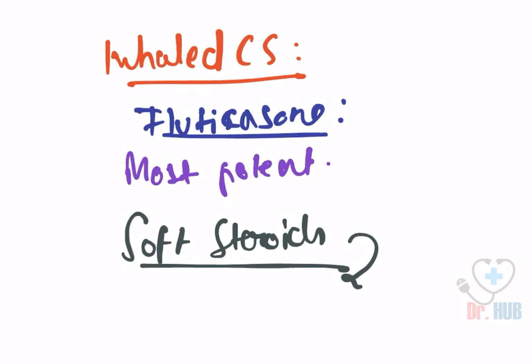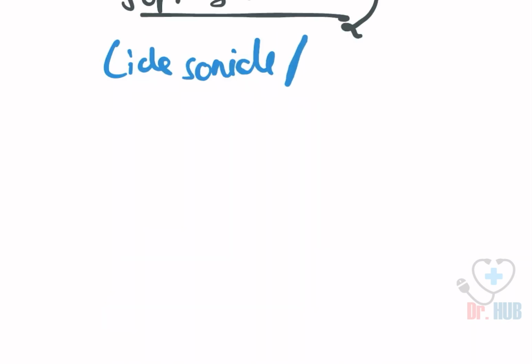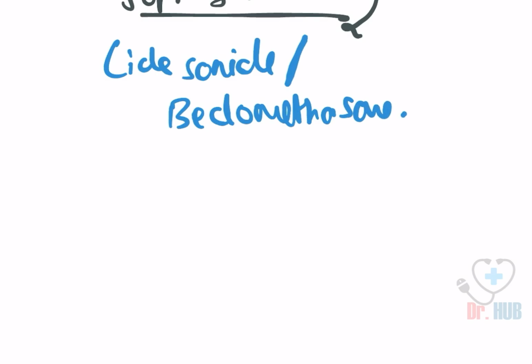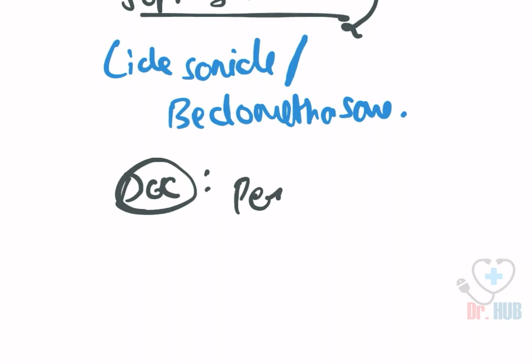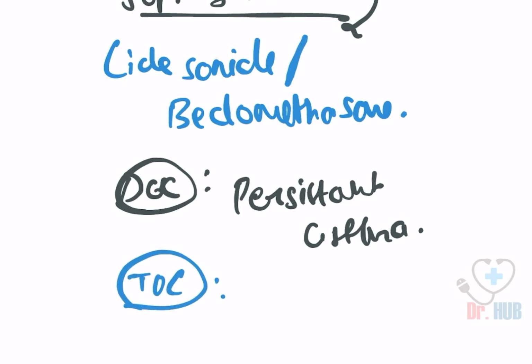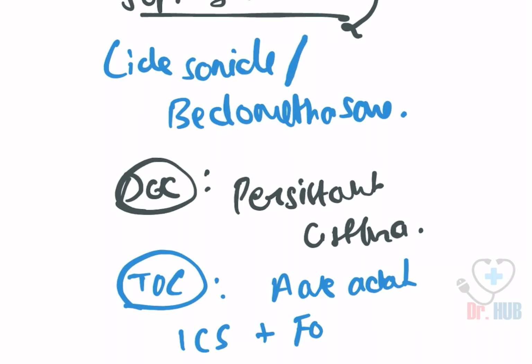So soft steroids are ciclesonide as well as the beclomethasone. So now looking at the uses, it is the DOC for the persistent asthma as well as the treatment of choice in case of acute attack. So here it is ICS plus the formoterol.